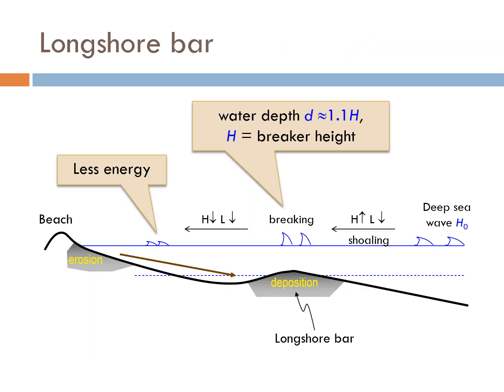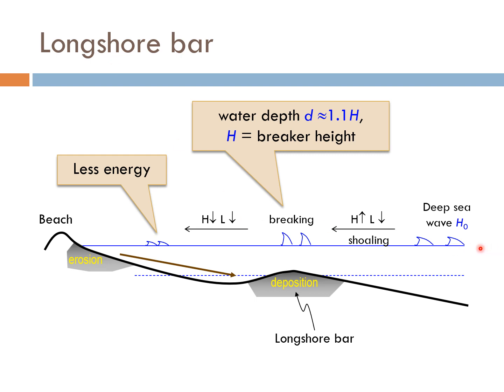Of course, the real beach cannot be perfectly horizontal, so it is very unlikely that the breaker depth can be 1.3 of breaker height, but less. So as a rule of thumb, we normally assume that for a relatively mild beach slope, the breaker depth is about 1.1 of the breaker height.